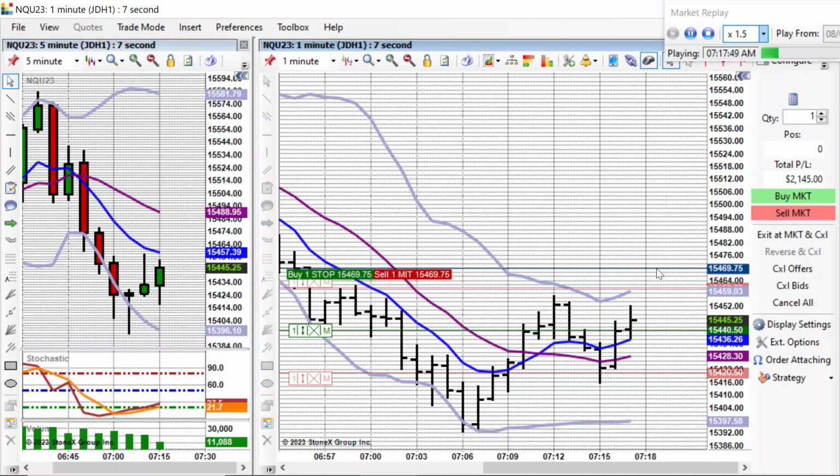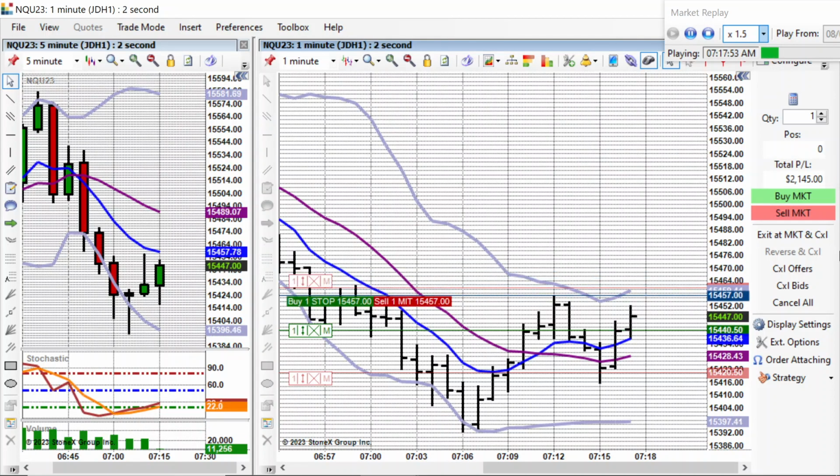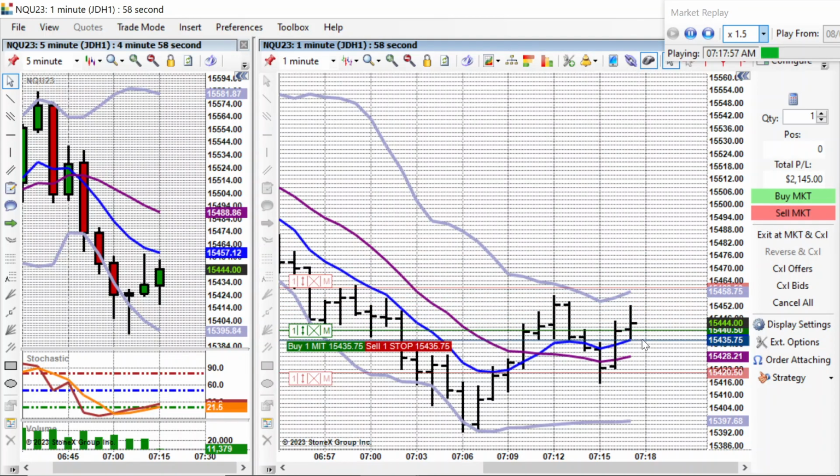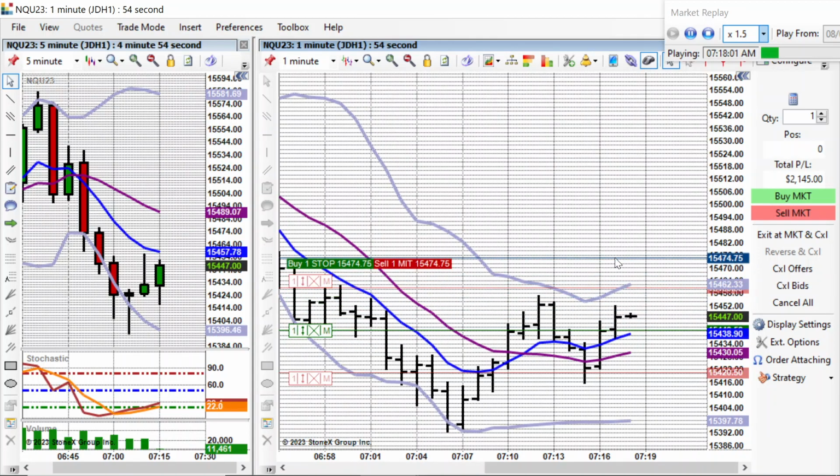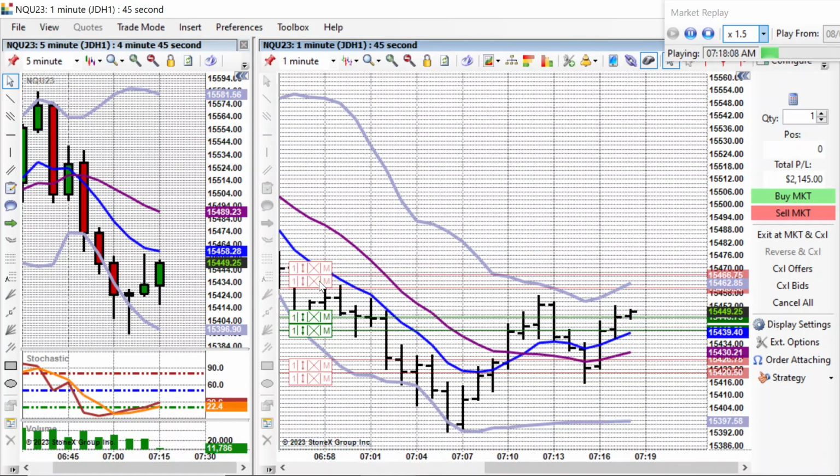Oh man. Okay, I missed that trade. I moved up the cost covering stop loss too soon. That happens too. Let's just get in on it here.